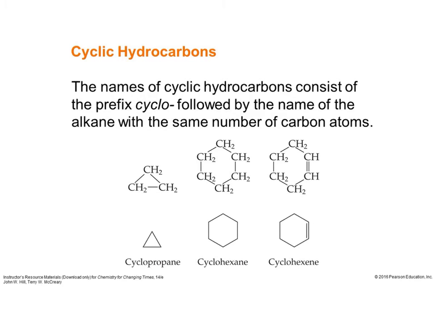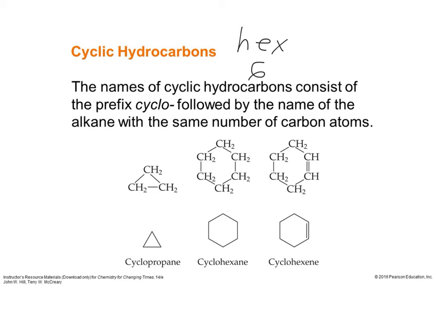To name cyclohydrocarbons, we simply add the prefix cyclo. In other words, if we have 6 carbons, 1, 2, 3, 4, 5, 6, and no double bonds, we would use the prefix hex because we have 6.